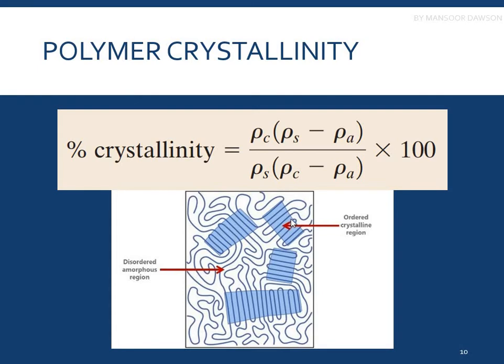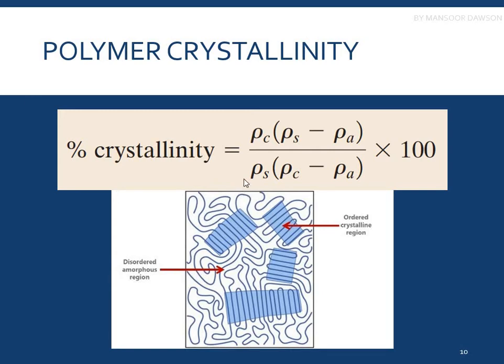The more crystallinity in a polymer, the less transparent and the more opaque it would be. And if the polymer is more amorphous, the more transparent it would be.